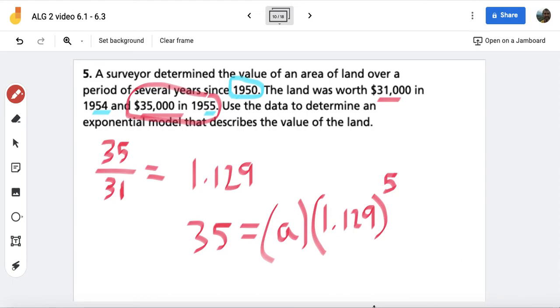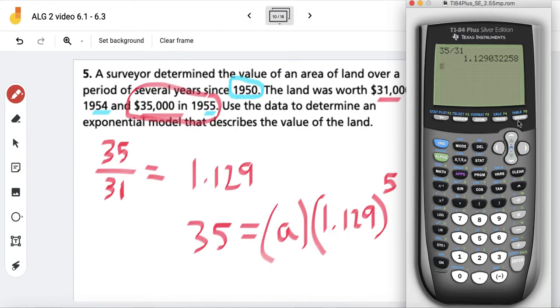First, I need to find 1.129 to the 5th power. That equals that mess, times a. So I'm going to divide both sides by that, so I need to go 35 divided by that. I guess I could have saved time by figuring that in the first place.